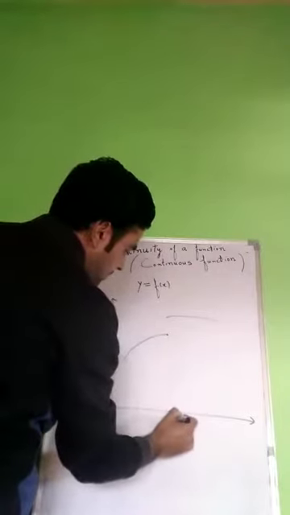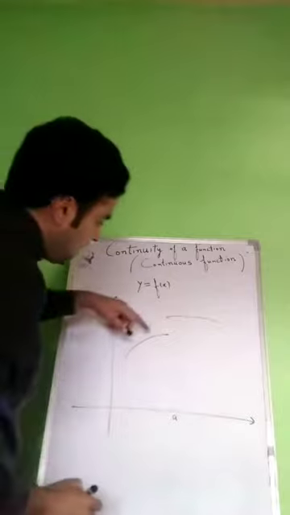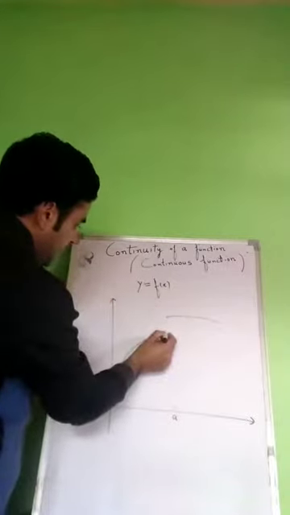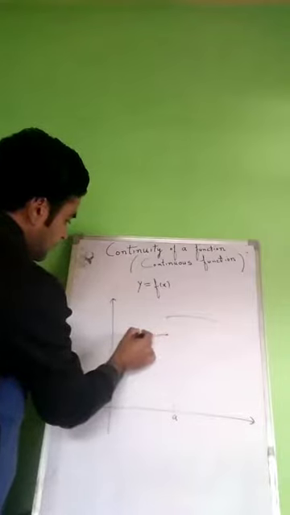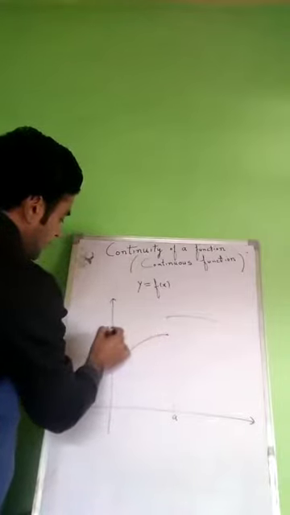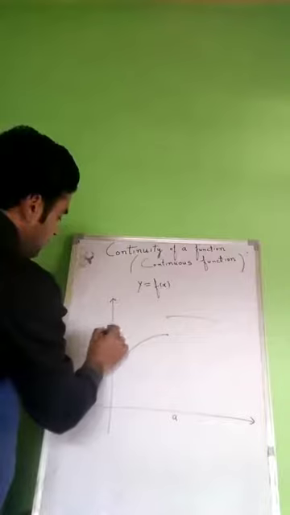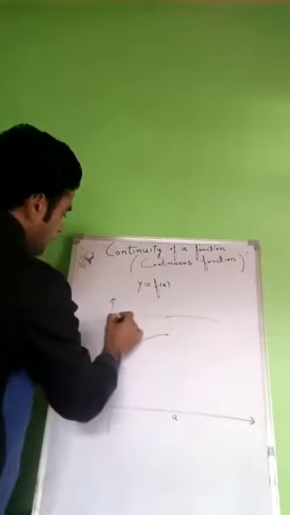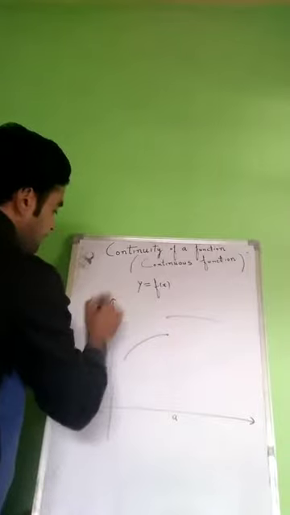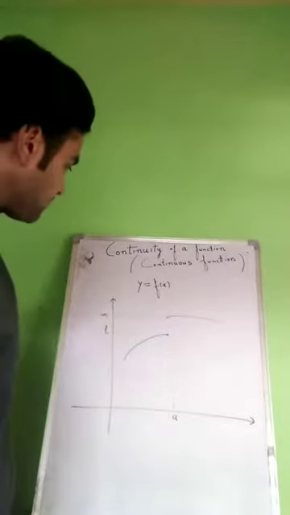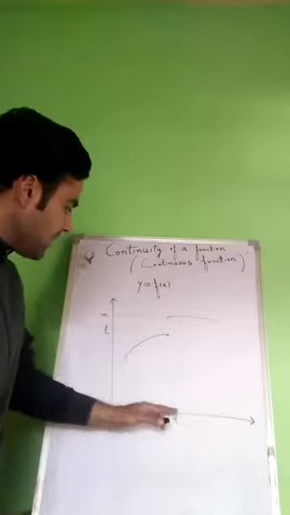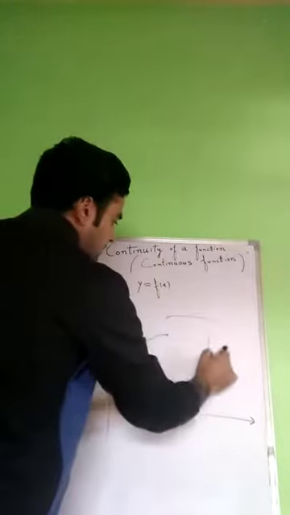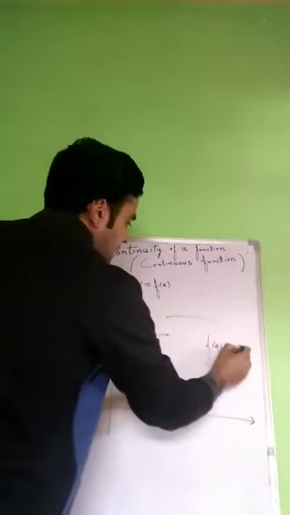At point A, let this end of the graph be at height L and this be at height M. Then value of function at A is equal to L. That is, f(A) is equal to L.